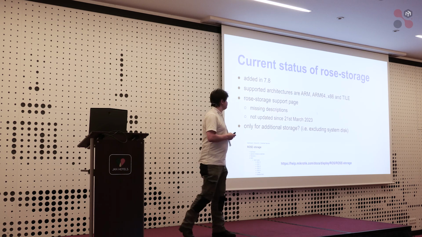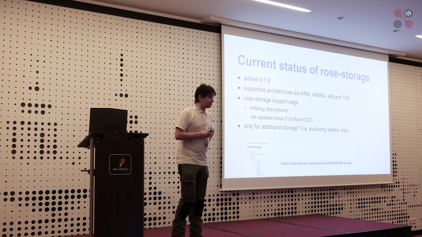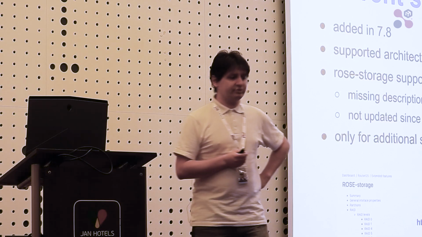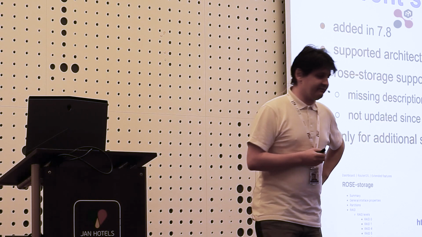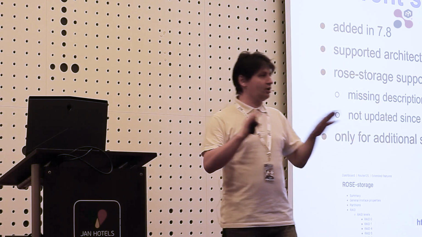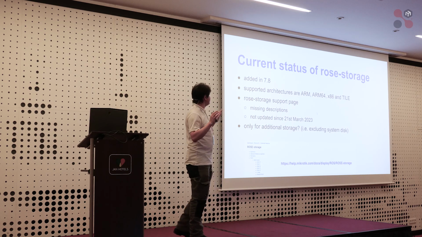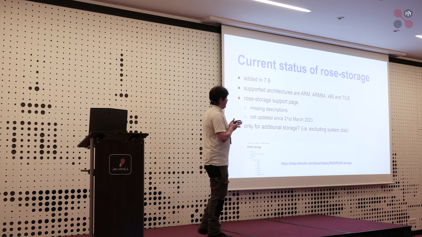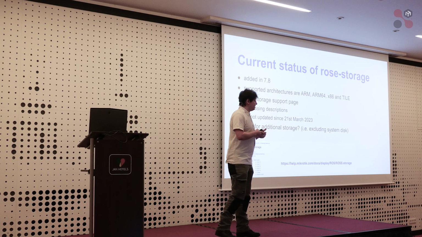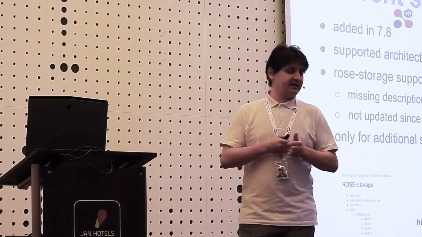Okay, so let's look at the history and some technical details. It was added in version 7.8. Do you remember when version 7.8 was released? It's approximately a year ago, almost exactly. So it's quite new, and there are only four supported architectures: ARM, ARM64, x86, and Tile.